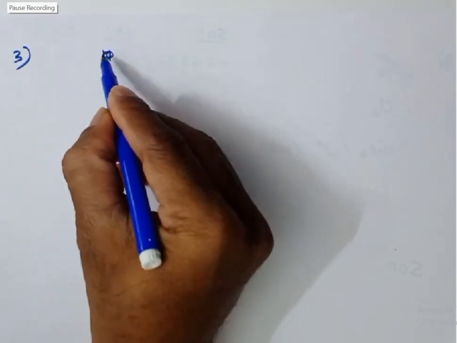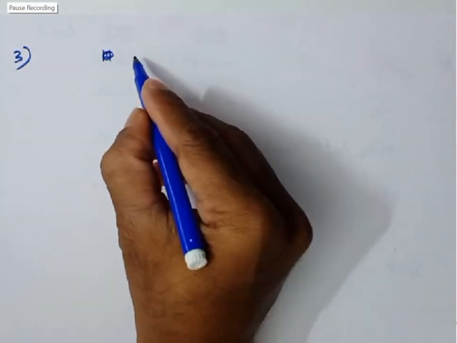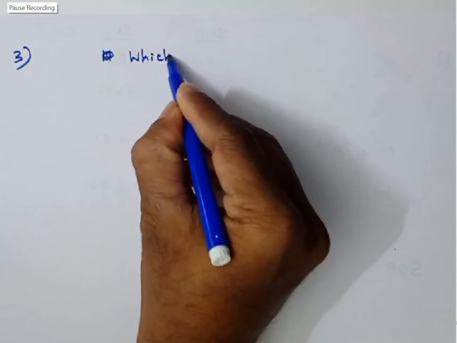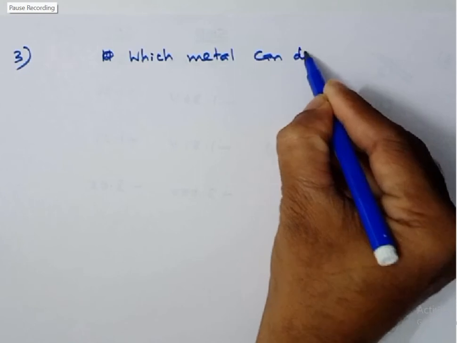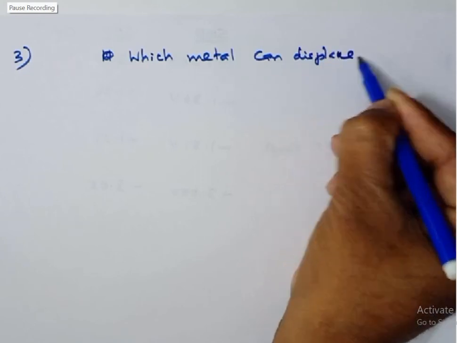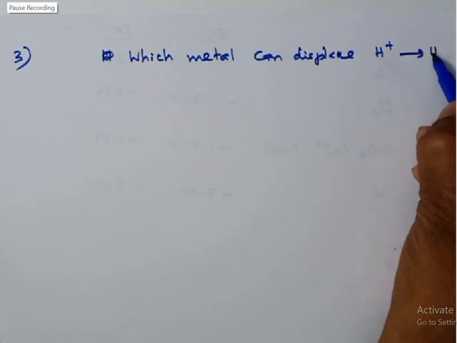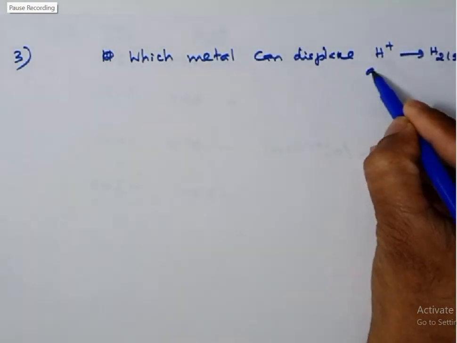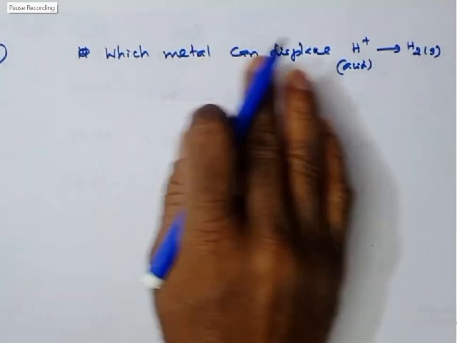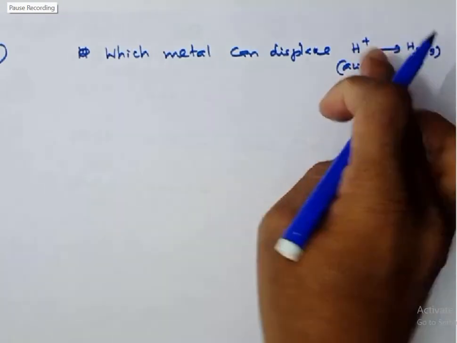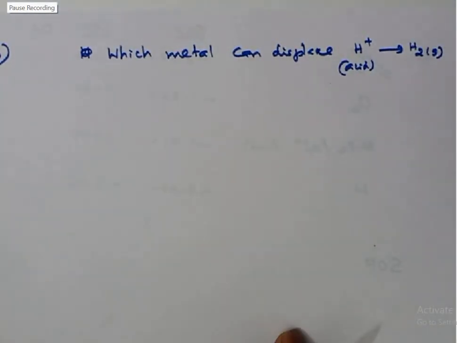We can identify which metal can displace H plus into H2 gas from an acid. You take some acid containing H plus. Which metal can displace H plus from an acid into H2 gas? That you can identify using the standard reduction potential values.